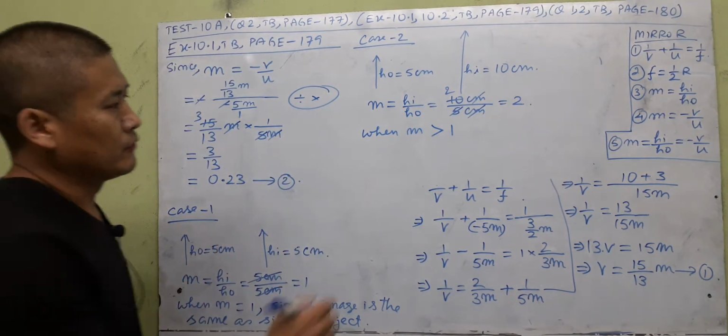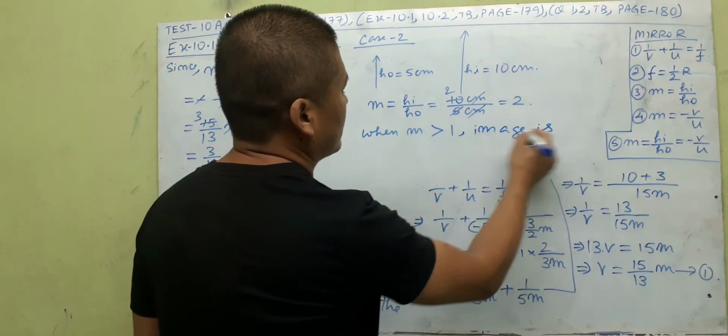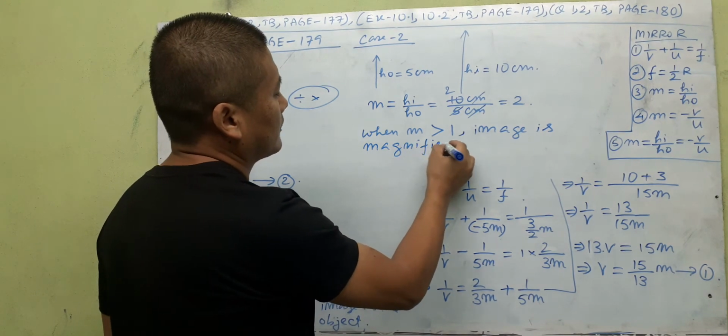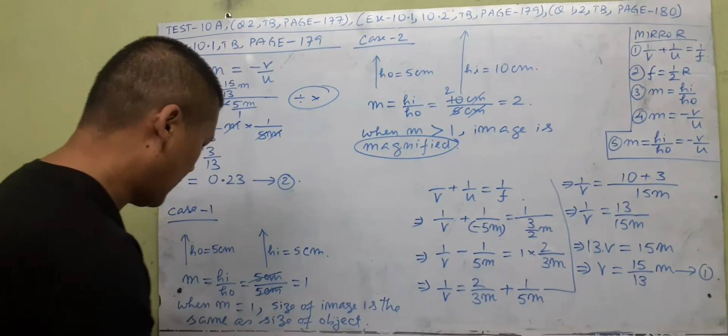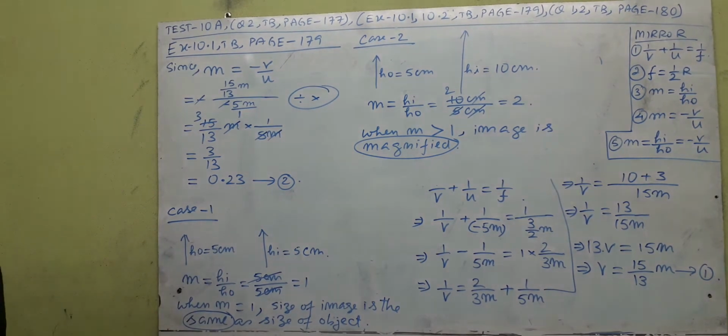When m is greater than 1, image is magnified. Remember that now. Magnified. We're trying to get these keywords. When is it magnified? When is it same size? You can circle it if you want.